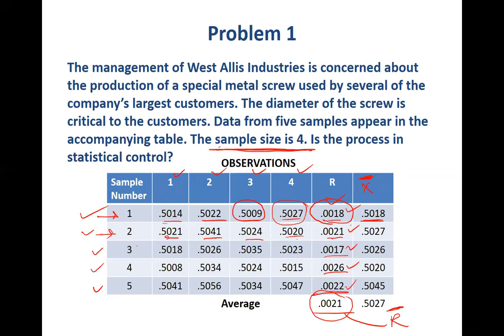For the second sample, we take the average 0.5027, and so on and so forth. So this value that you see here, it's basically average of all the numbers that we have in this column. So essentially this is your X double bar, which we will use later to calculate the upper control limit and lower control limit for X bar chart.